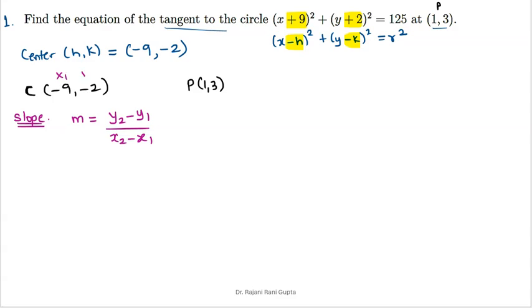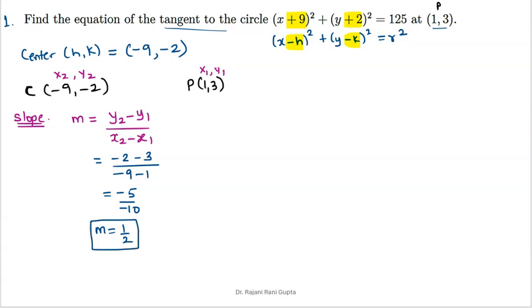Let's use this point P as (x1, y1) and the center as (x2, y2). This gives you (-2 minus 3) over (-9 minus 1), giving you -5 over -10. So the slope will be 1 over 2.